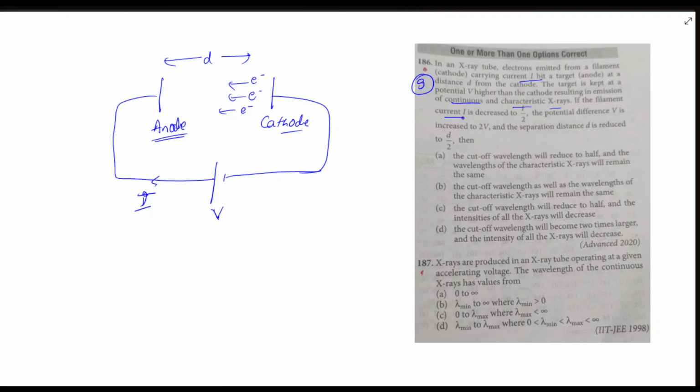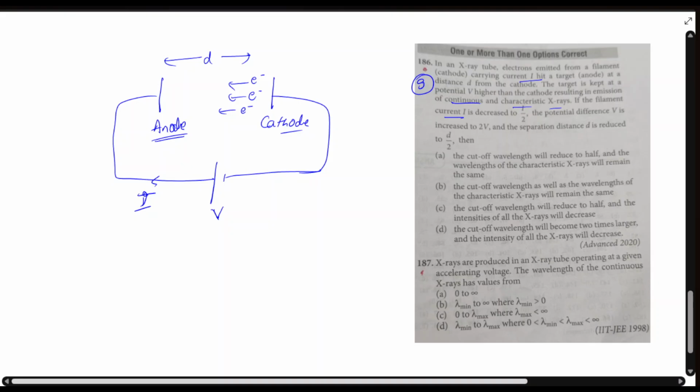Now if the filament current I is decreased to I by 2, the potential difference V is increased to 2V and the separation is reduced to d by 2. So what will happen? Let's check.